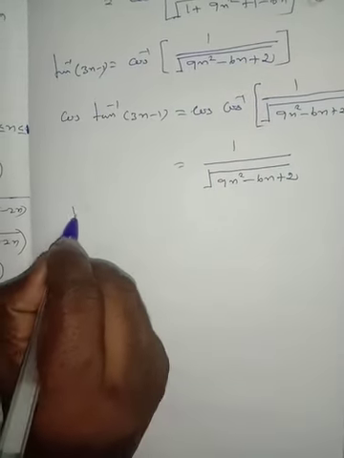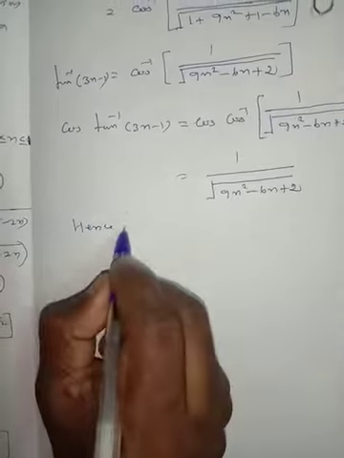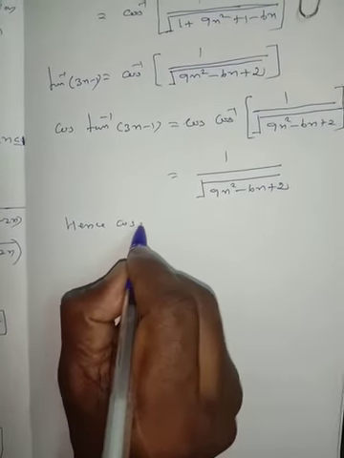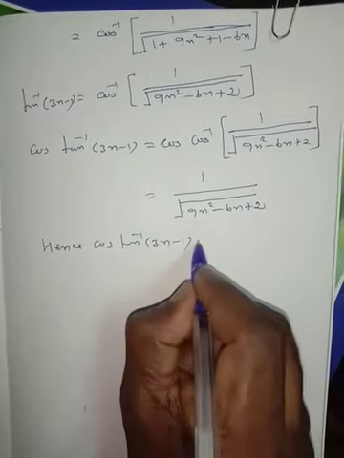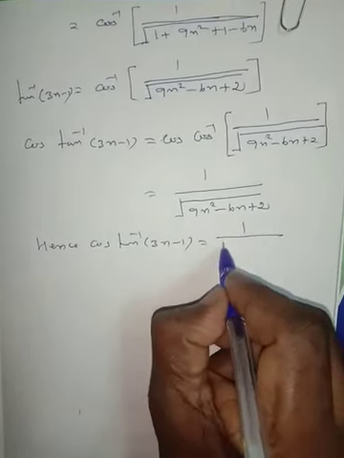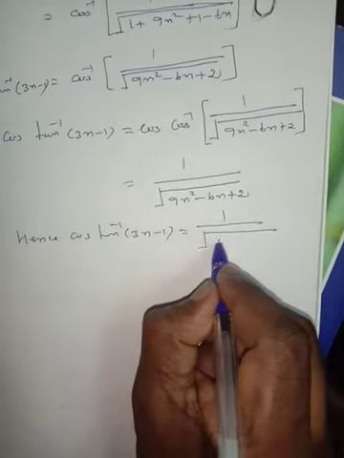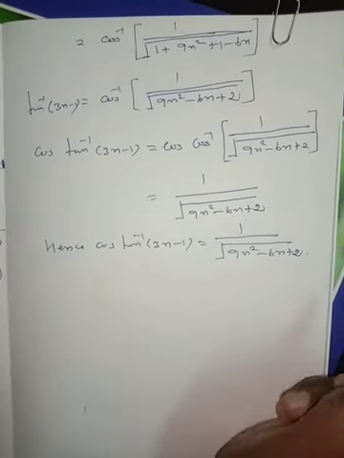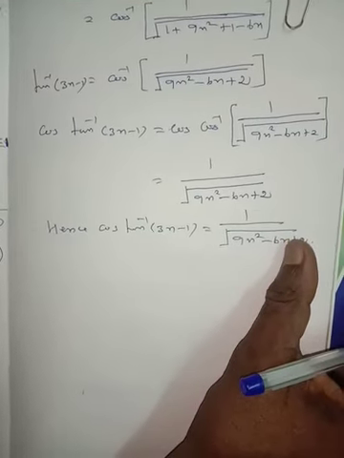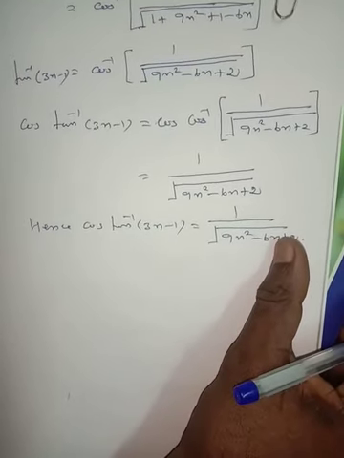Hence cos of tan inverse of 3x minus 1 is equal to 1 divided by root of 9x square minus 6x plus 2. Next, question number 3.